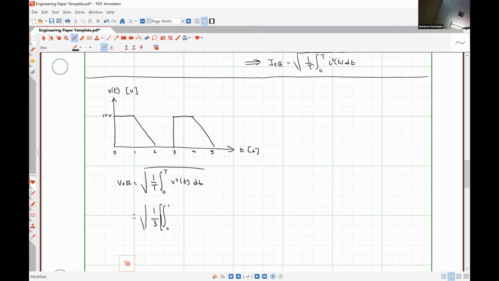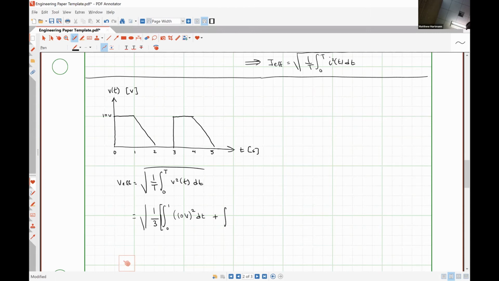Over the time interval from 0 to 1, how is my voltage waveform behaving? It's not changing. It's constant. Okay, so what's its value? 10 volts. All right, so I'm going to put in 10 volts, and I need to remember to square it, and then multiply by dt.